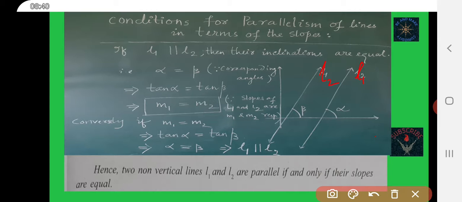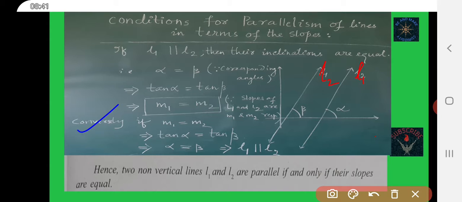So you can write tan alpha is equal to M1 and tan beta is equal to M2. So what do you get? Now if L1 is parallel to L2, then their inclinations are equal and their slopes are equal to each other. Okay?